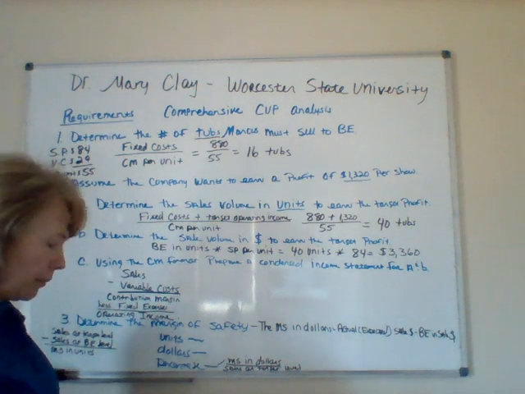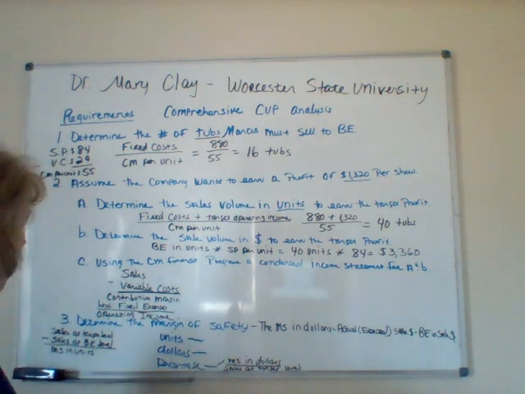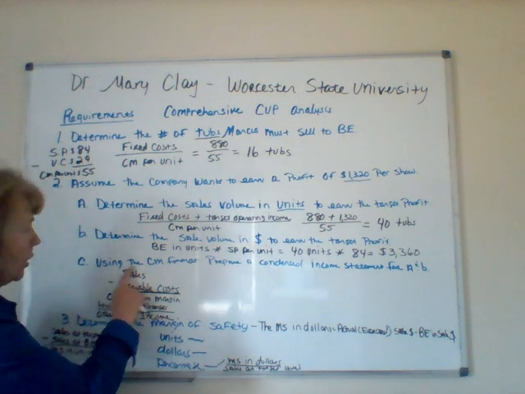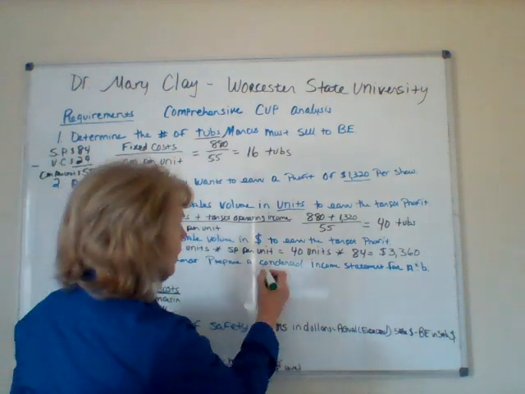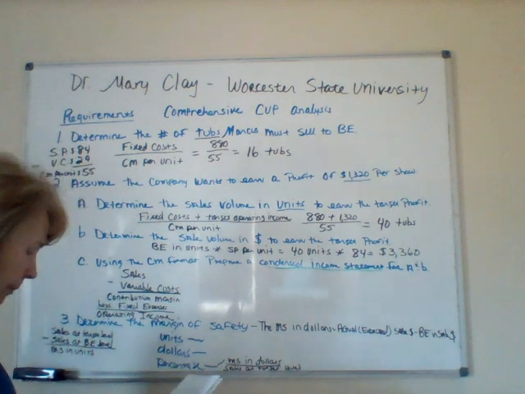Okay, the next part I'm going to do with you, here's why you really haven't seen this before. The next problem is asking, using the contribution margin format, prepare a condensed income statement. So it's looking for an income statement for A and B.